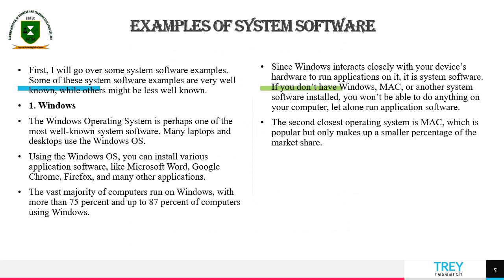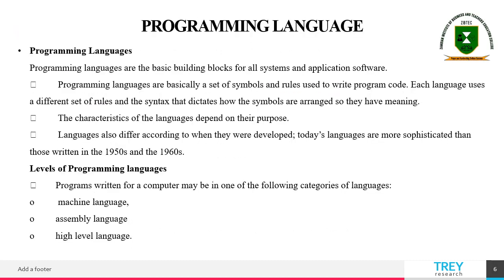Okay, so these were some of the examples of system software. Having talked about system software and application software, by now you should be able to differentiate between application software and system software, and also be able to give examples, especially where necessary.